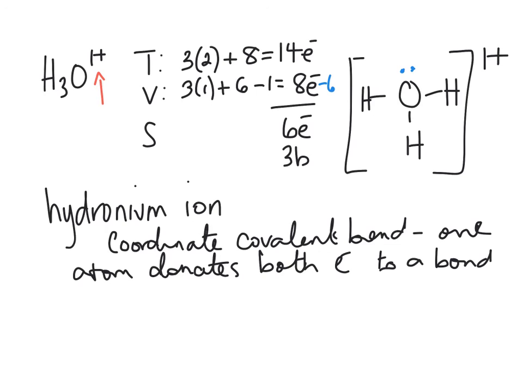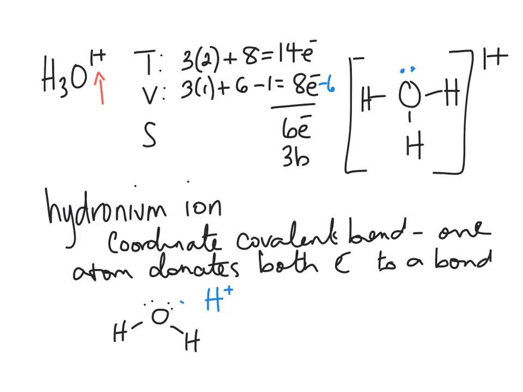So here, what happened was we had water with its two lone pairs. Along comes a hydrogen ion with no electrons of its own. It's positive because it lost the one electron that it had.